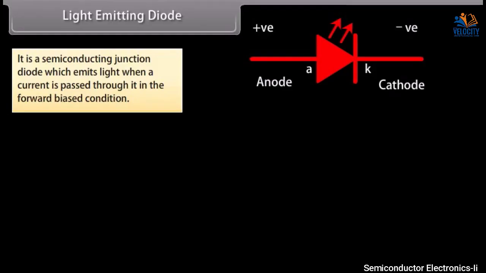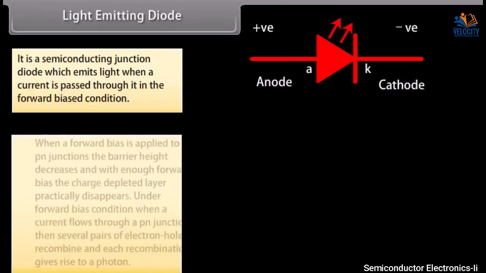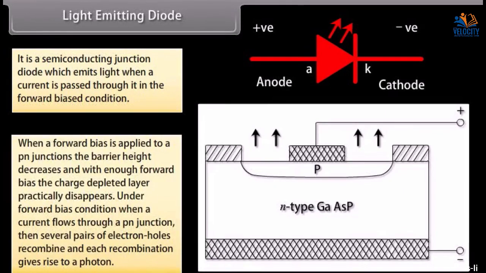The p layer is made thin so that light energy may reach the charge-depleted region after traveling a very short distance. When a forward bias is applied to a p-n junction, the barrier height decreases, and with enough forward bias, the charge-depleted layer practically disappears.